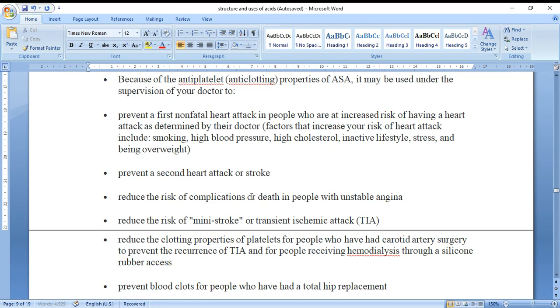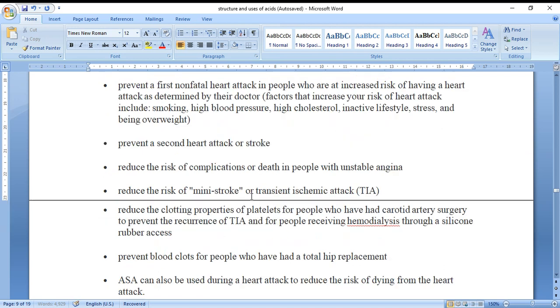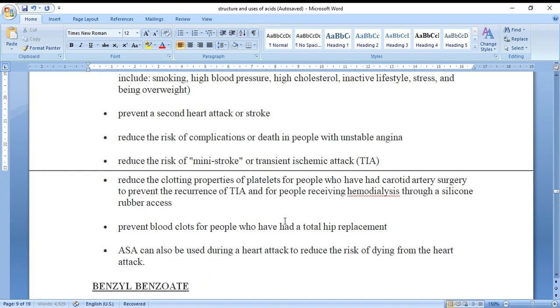It also prevents a second heart attack and reduces the risk of complications, and it will also reduce the risk of mini strokes. It also reduces the clotting properties of platelets for people who have had carotid artery surgery, to prevent the recurrence of ischemic attack, and it also prevents blood clots for people who had a total hip replacement.